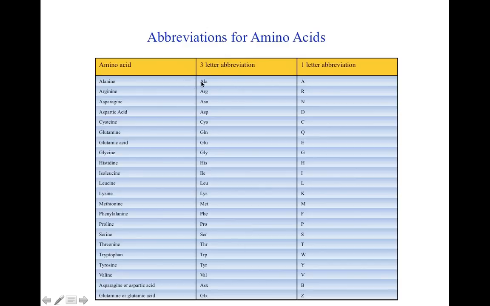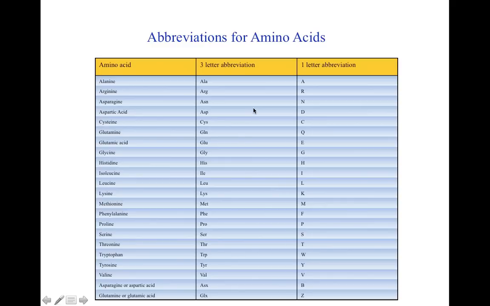So alanine is ALA, arginine is ARG, and we go on like that. So for most instances, luckily for us, the first 3 letters in the name correspond to the 3-letter abbreviation. Alright, so that's for most amino acids here.